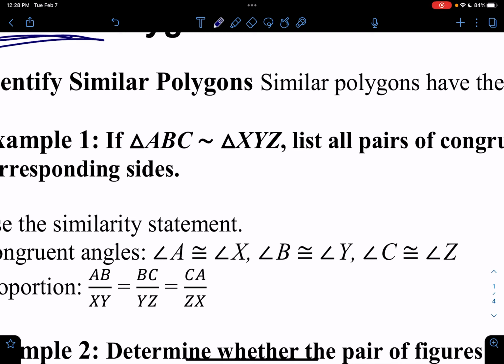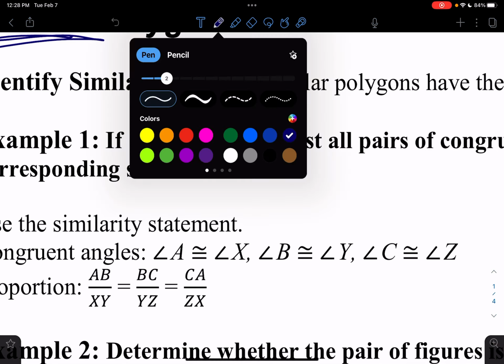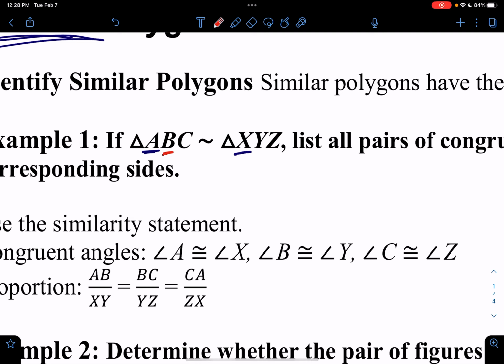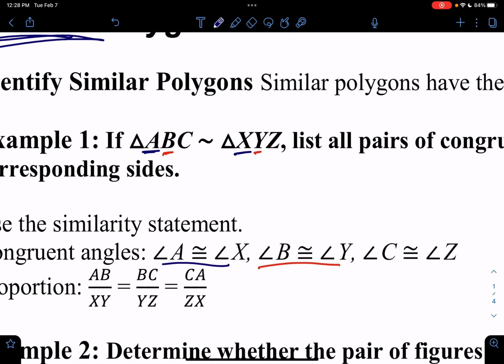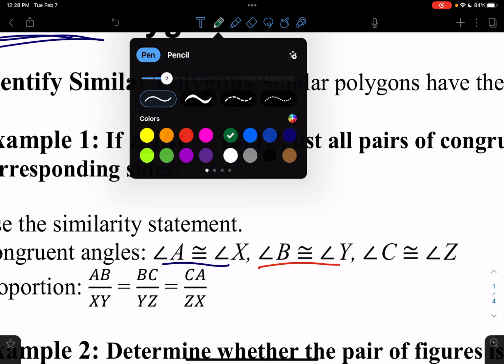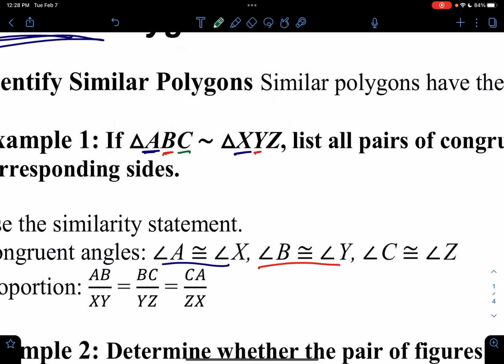Because order matters, I know that angle A is congruent to angle X, angle B is congruent to angle Y, and angle C is congruent to angle Z.